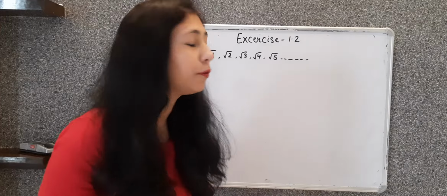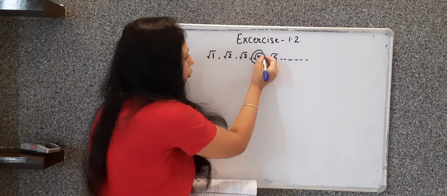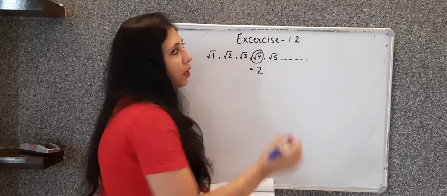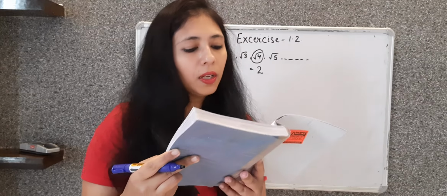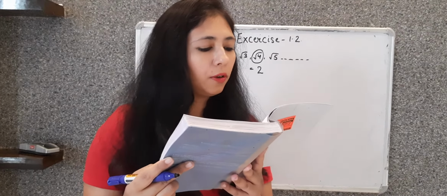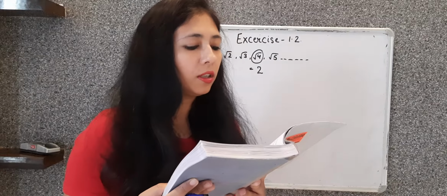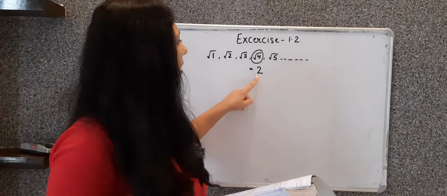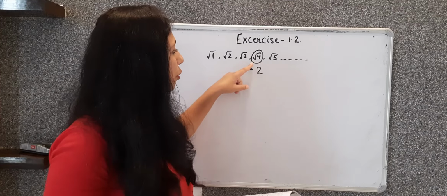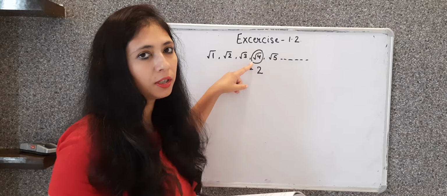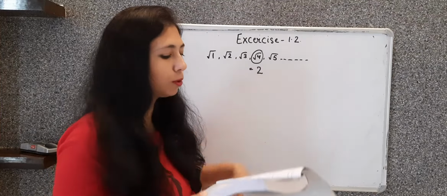Here the answer is false, because root 4 is 2, and that is not irrational. If not, give an example of the square root of a number that is a rational number. So this is my example: root 4 is not irrational because its answer is 2.